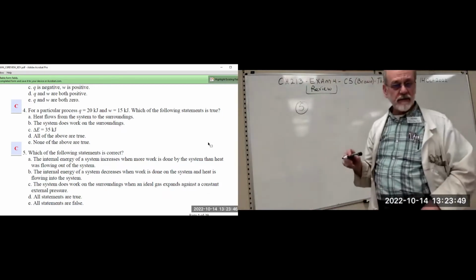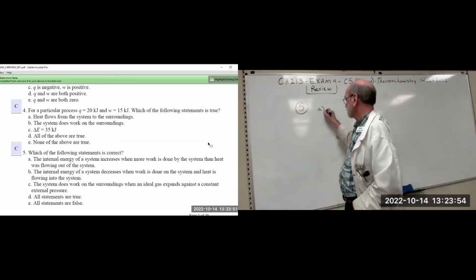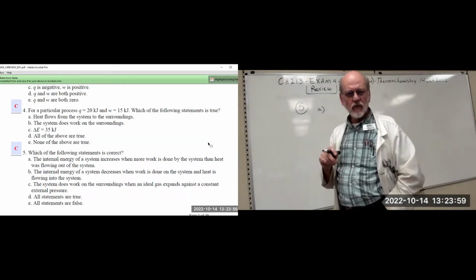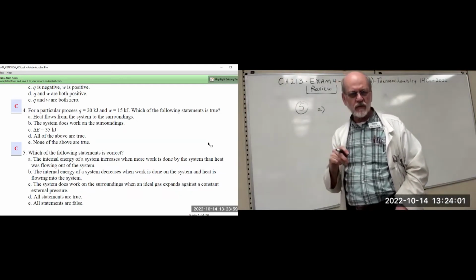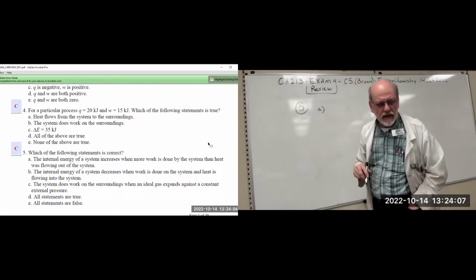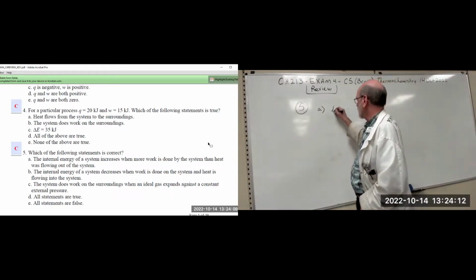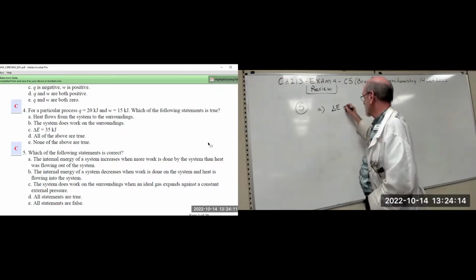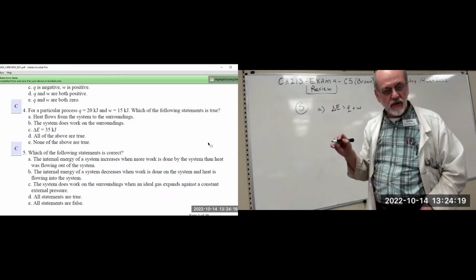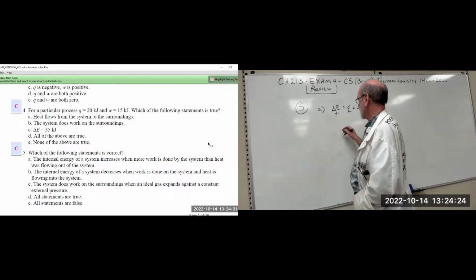Which of the following statements is correct? The internal energy of a system increases when more work is done by the system than heat was flowing out of the system. Okay. So if we have internal energy equals Q plus W, then that says the internal energy of the system increases, so this is positive.